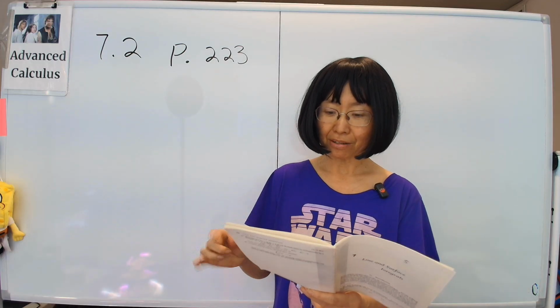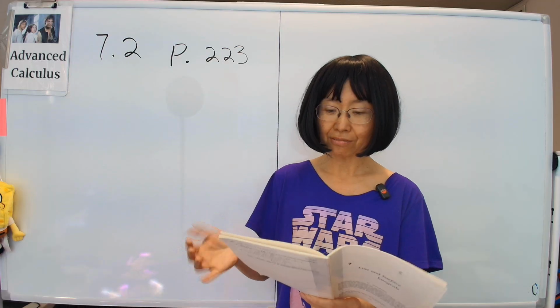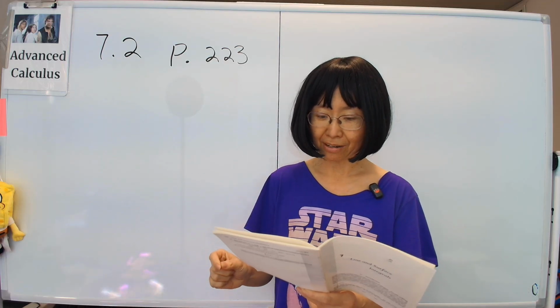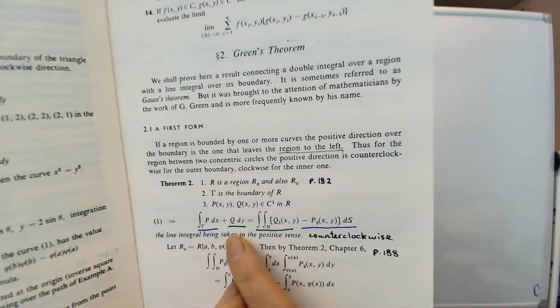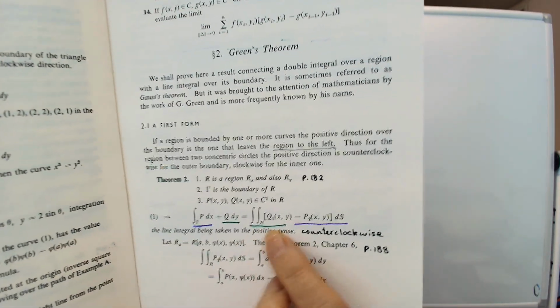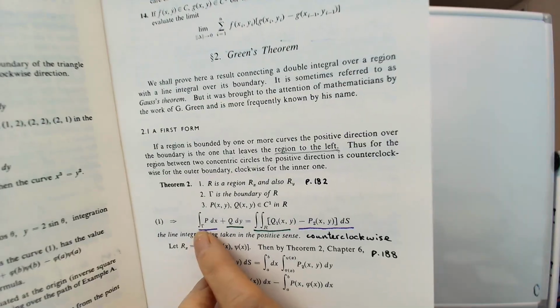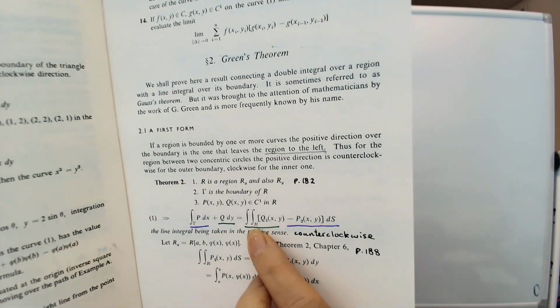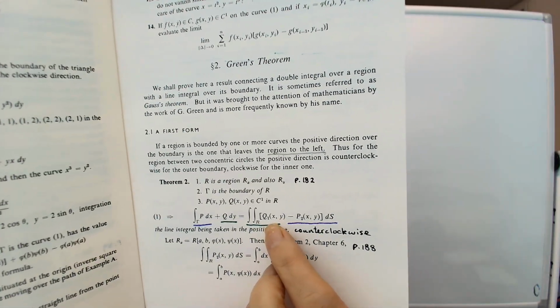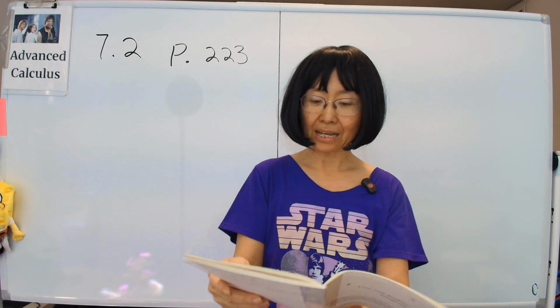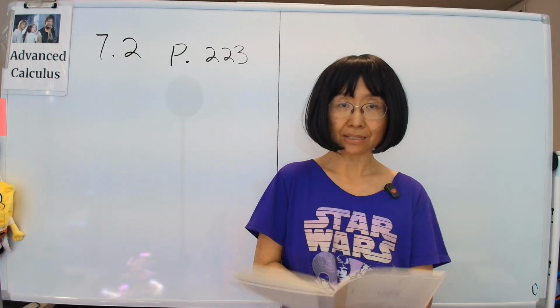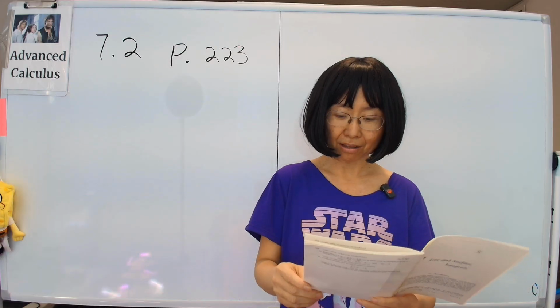Gamma is the boundary of R, and then P and Q are some C1 function in R. Then this interesting and familiar relationship exists: the integral of P dx plus Q dy on the boundary is equal to the double integral over the interior of Q1 minus P2, when the line integral is taken in the positive sense, that is counterclockwise.